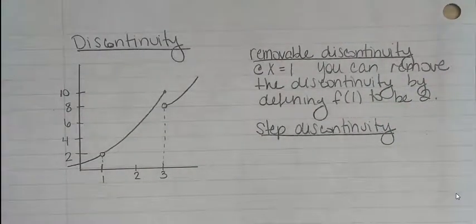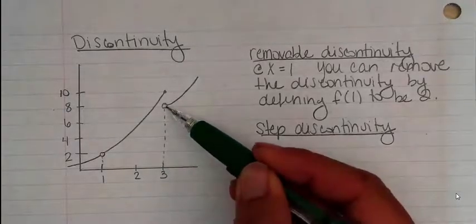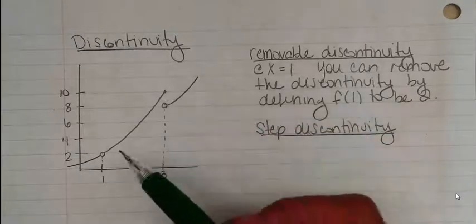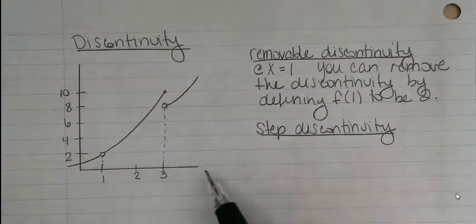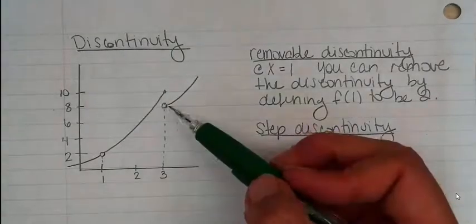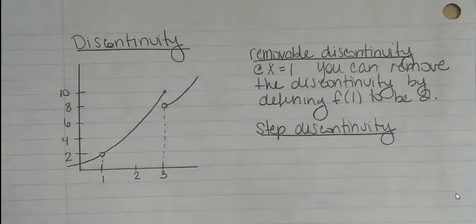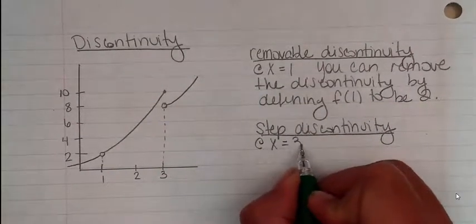So where do I have a step discontinuity? Where do you see a step here? That's going to be at this 3, right? So step discontinuity is where, as you approach 3 from the left and the right, you're getting different outputs. So that creates the step. So there's a step discontinuity at x equals 3.